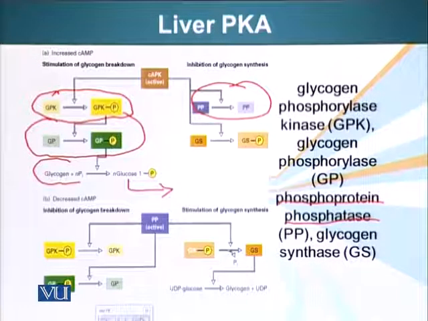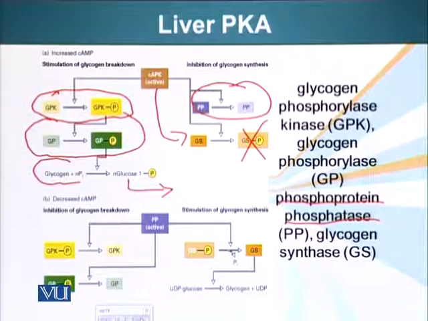And PKA also phosphorylates glycogen synthase. Glycogen synthase in its phosphorylated form is inactive. Here are 2 examples of enzymes which are activated by addition of a phosphate group. Glycogen synthase is, on the other hand, inactivated. And the net result is production of glucose. One glucose molecule is released by the liver cell, made available to the rest of the body.